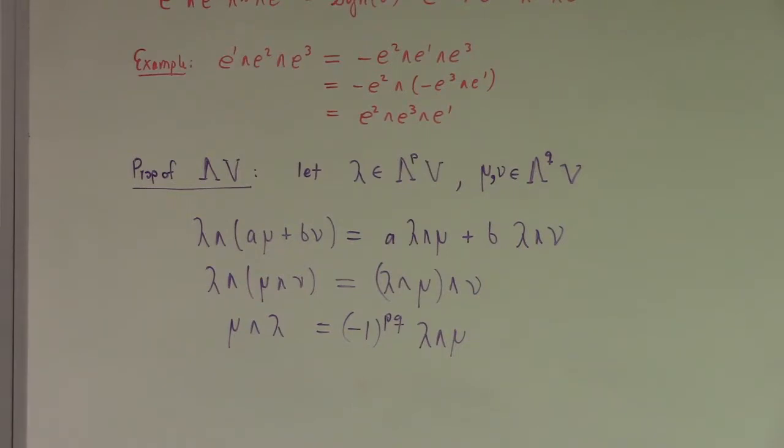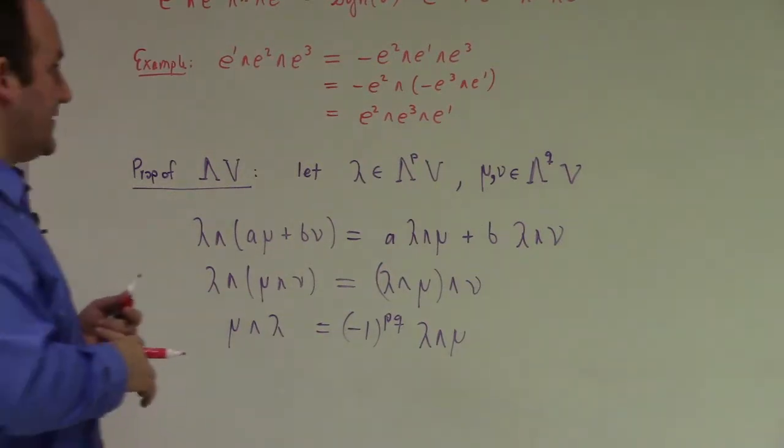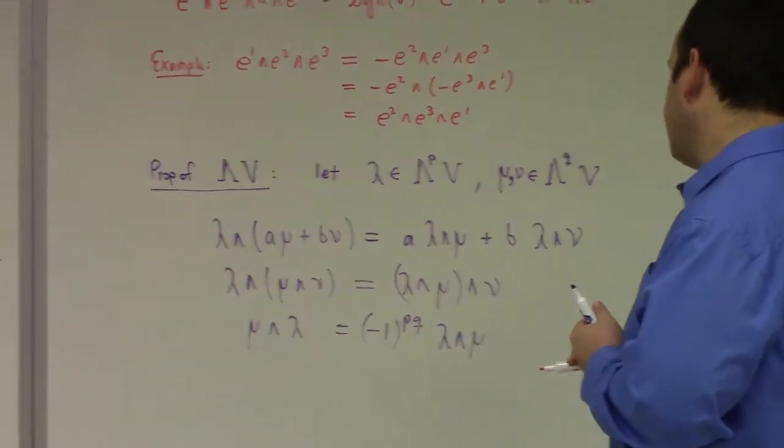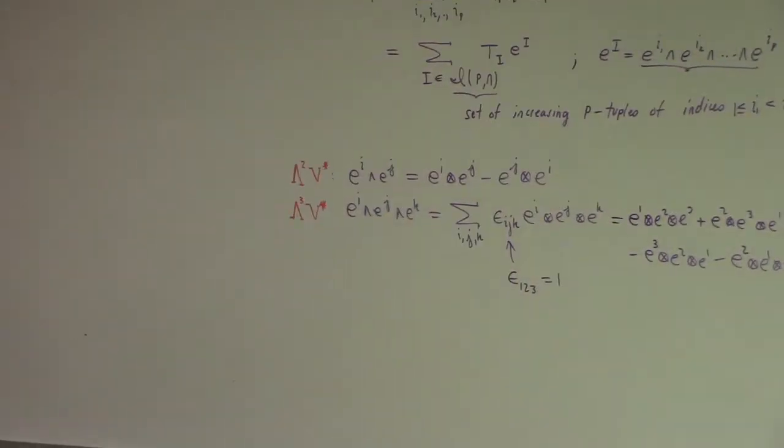And what I just described is something in lambda 3 V dual, because we're taking the wedge product of dual vectors, not vectors there. We can define the wedge product on either vectors or dual vectors according to our purposes. So I could just as well put V dual here and V dual here, and I'd have the same properties.